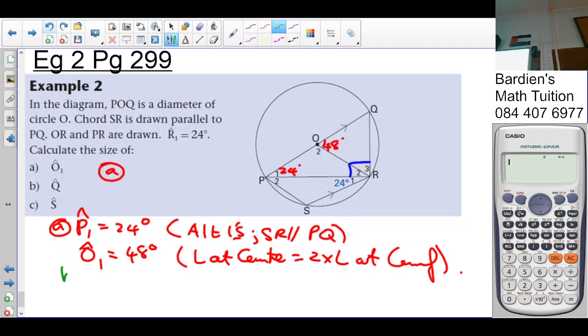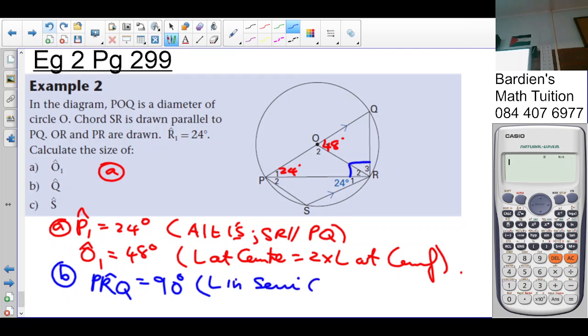Okay, so B. Let's go to B quickly. So for B, we must first say that PRQ is 90. Why is that 90? Angle in a semicircle.